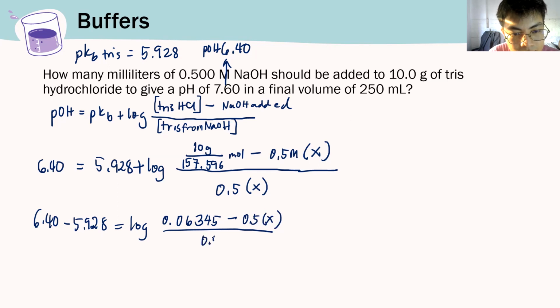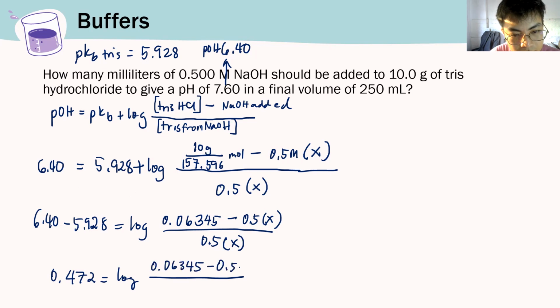Then I subtract: 6.4 minus 5.928 will be 0.472, of that fraction.